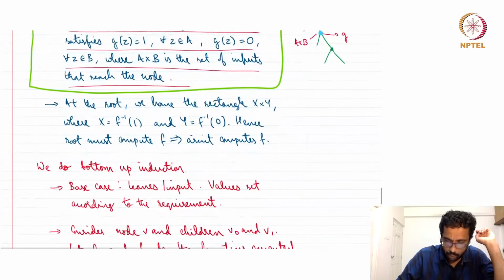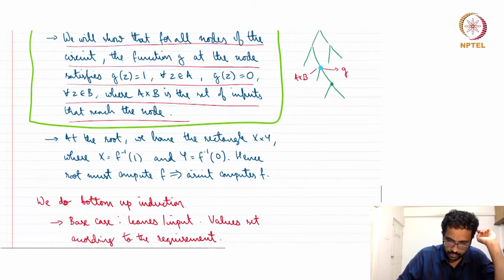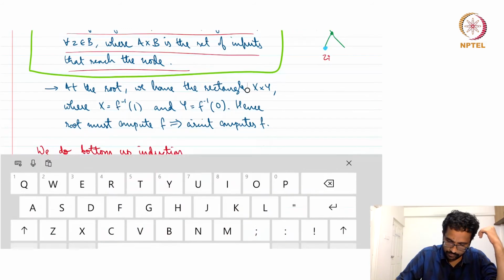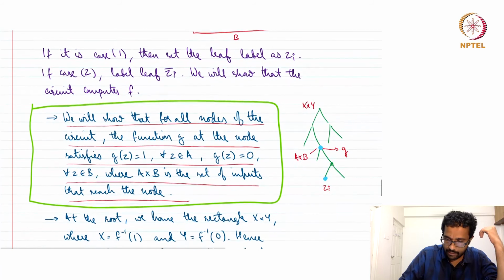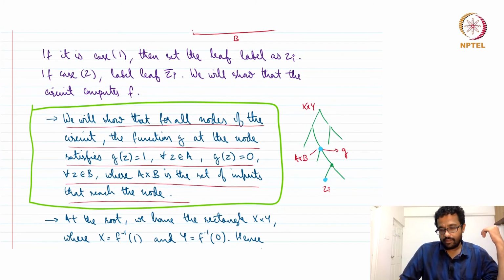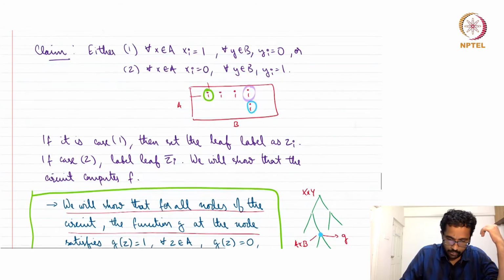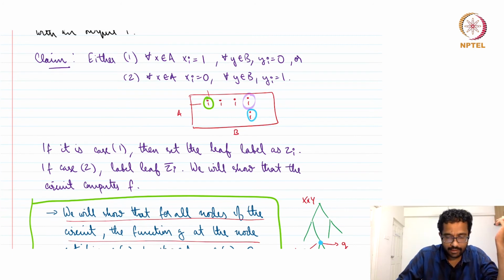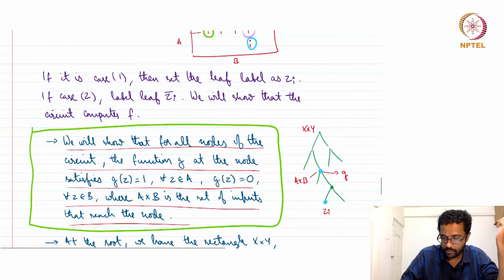We will use a bottom up induction. So from the leaf to the root. So let us see what happens at the leaf. So this leaf is probably labeled Zi or Zi complement. Suppose it is labeled Zi, then by this claim above, whatever inputs reach here, xi equal to 1 and yi equal to 0.